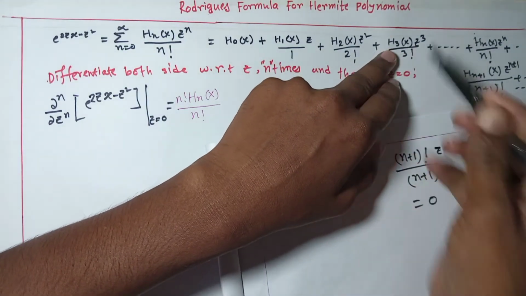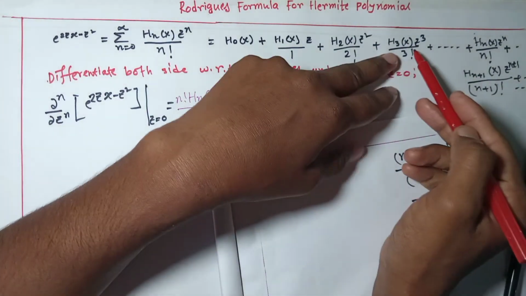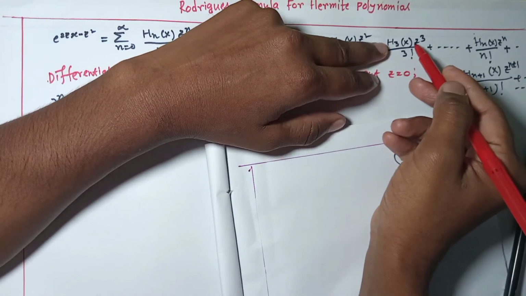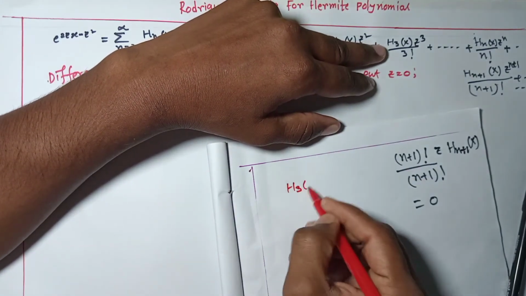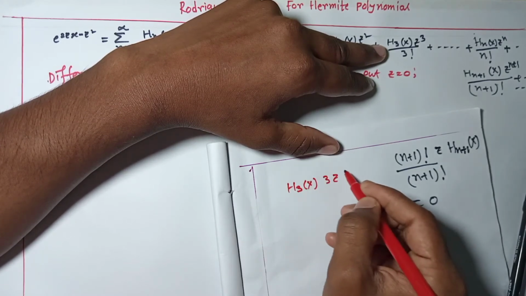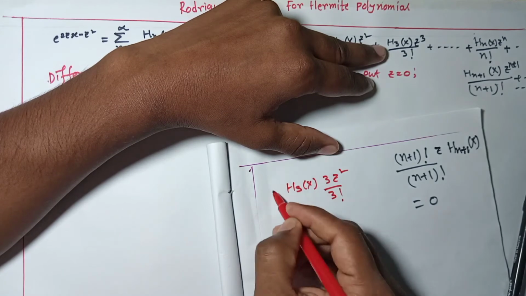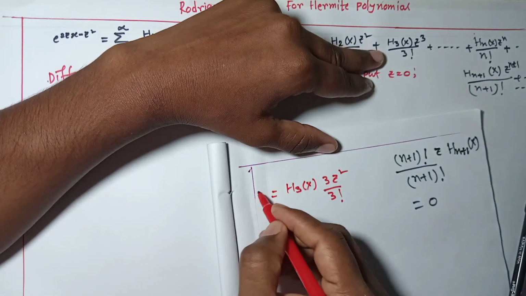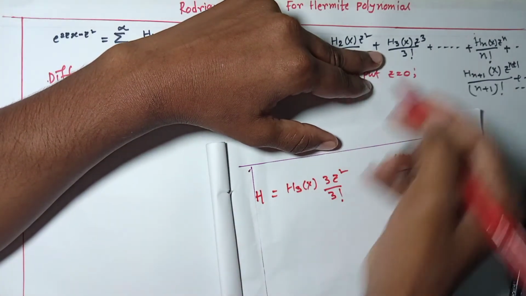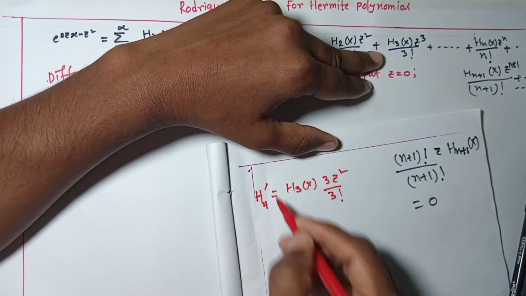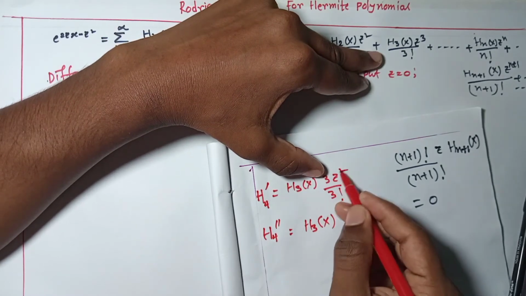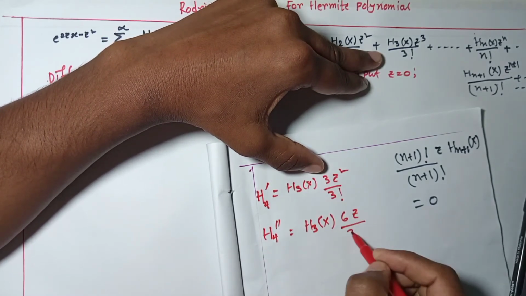For the fourth term, if we differentiate it 3 times: first we get H_3(x) 3z squared divided by 3 factorial. Differentiating again, H_3(x) into 3 into 2, that is 6z divided by 3 factorial.